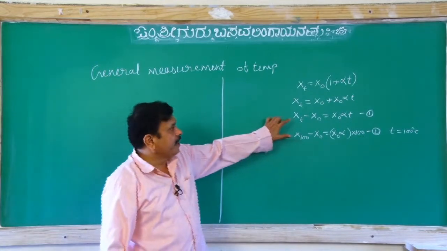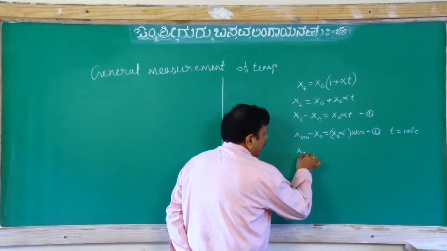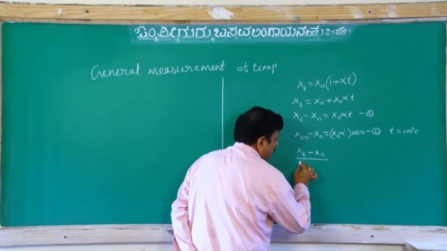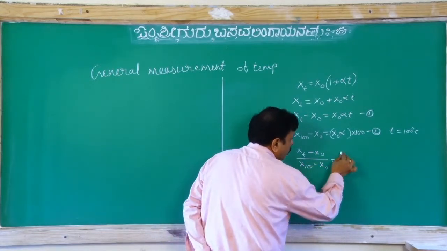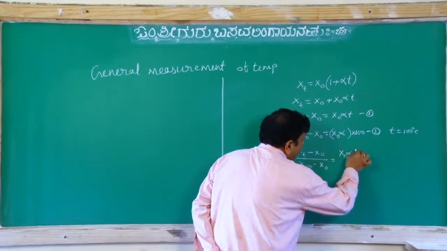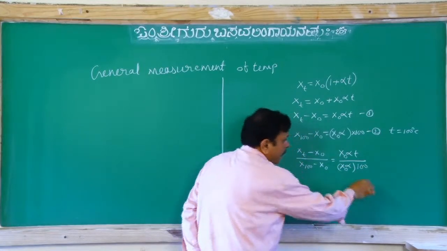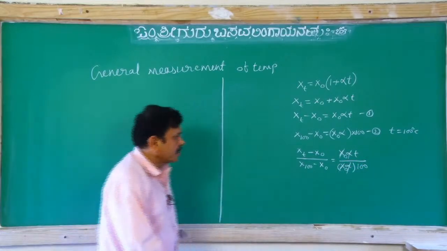If we now divide this equation by this equation, we get xt minus x0 divided by x100 minus x0 equal to x0 alpha t divided by x0 alpha into 100. Now, these two terms cancel.